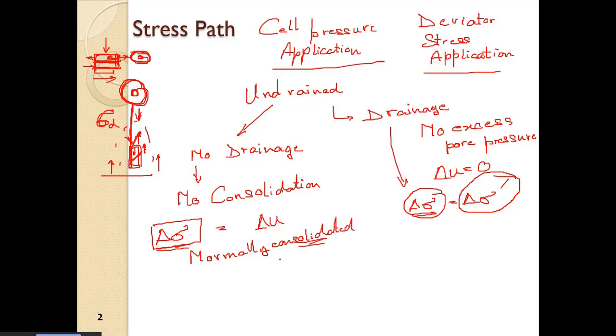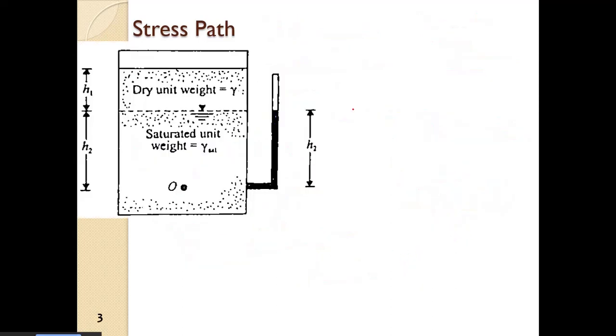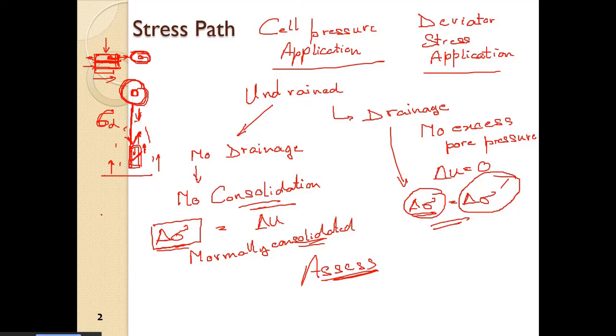Now we need to assess the ways these stresses within the soil change its state from one state to the other. So if you see in our triaxial test also, we took out the sample, so we had zero total stress.